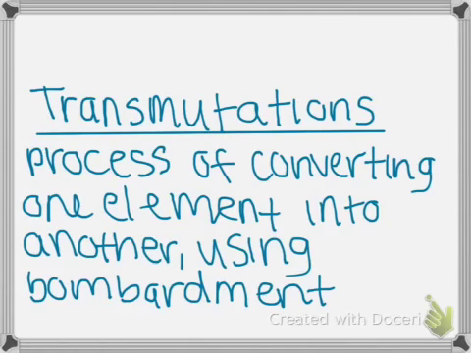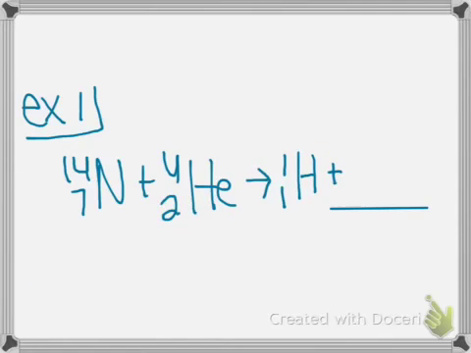So next we're going to learn about transmutations, and transmutation is the process of converting one element into another using bombardment. So we're going to look at two examples here, and this will make more sense. So example 1, nitrogen-14 7 plus helium-4 2 equals hydrogen-1 1 plus blank. So our goal is to make the two sides even. And so in order to make them even, we're going to have to add an element at the end.